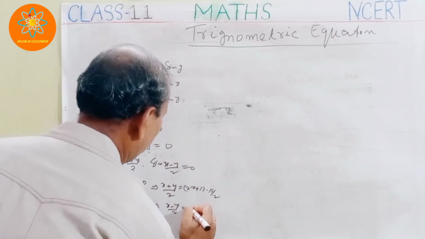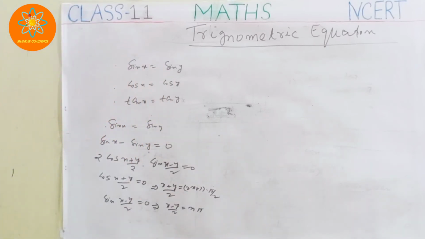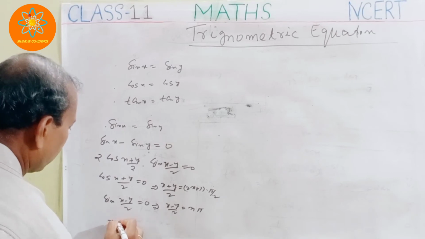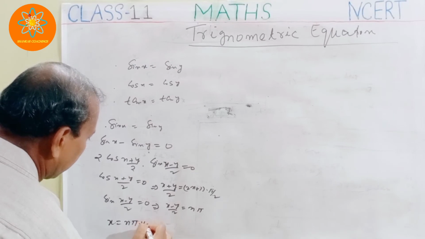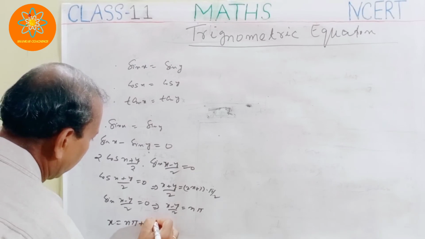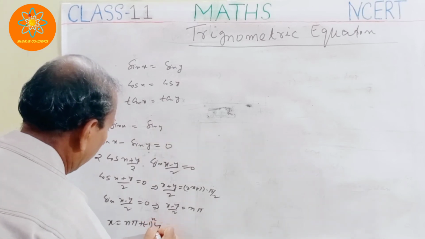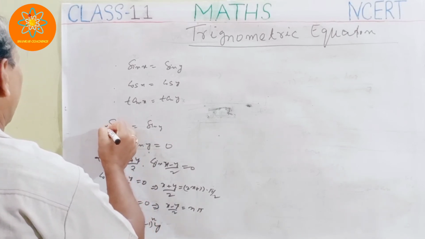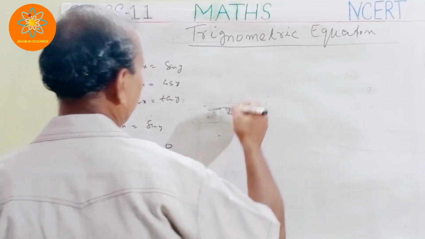This is equal to n pi. So if you combine this one, you will get x is equal to n pi plus minus 1 to the power n into y. So this is the case of sine x is equal to sine y.